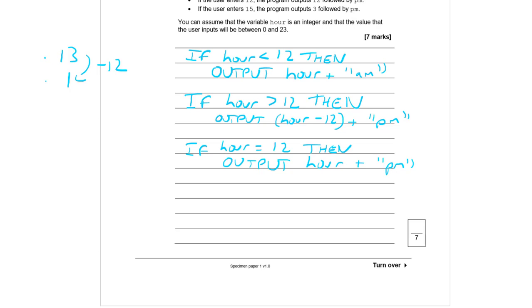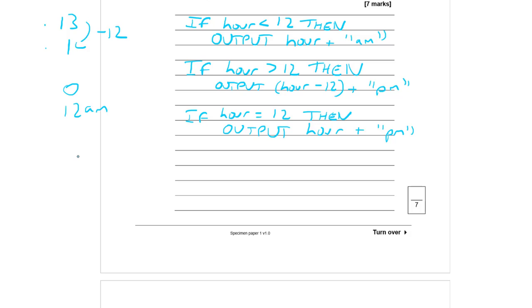Another exception is midnight, as I might have said, because midnight in 24-hour is just 0, but in 12-hour it's 12 AM. So we have to convert between the two, because 0 is obviously less than 12, so we're going to output 0 AM, which doesn't really make sense in 12-hour time. So we need another condition, but we need to change this to exclude it.